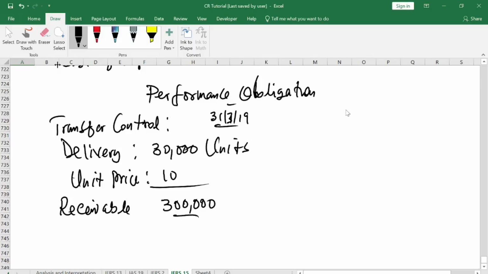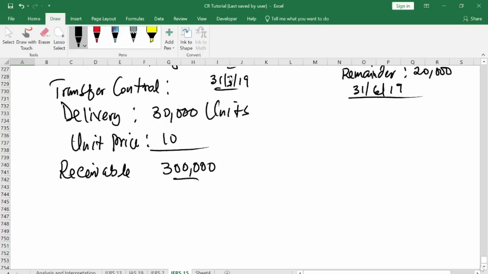The remainder is 20,000 units, and that will be delivered on 31st July 2019, which is outside the accounting year. Whether they delivered or not, it is outside the scope, so we will not consider that in our analysis here, because the accounting year ends on 31st March 2019. So now we've delivered this.